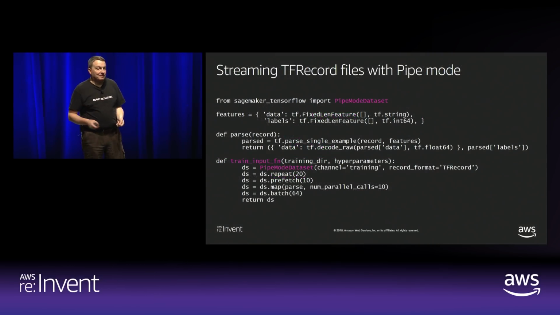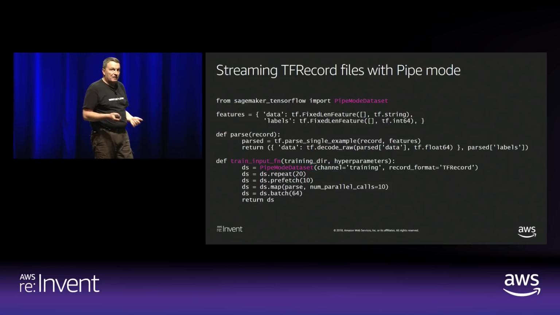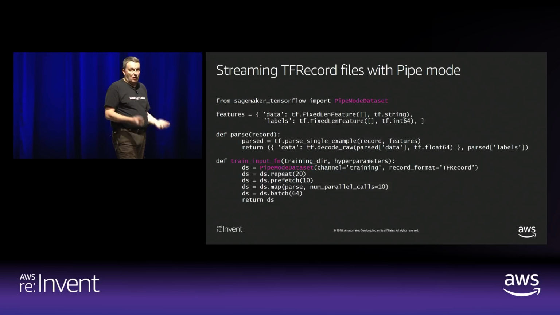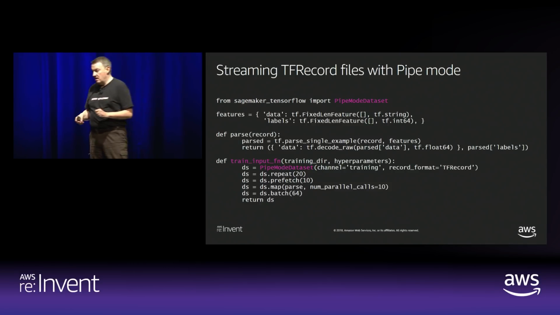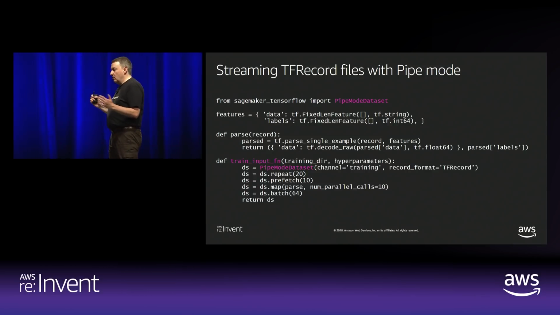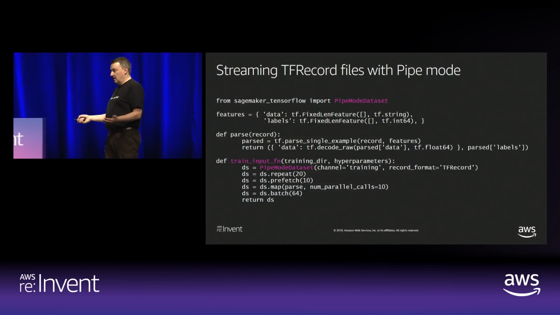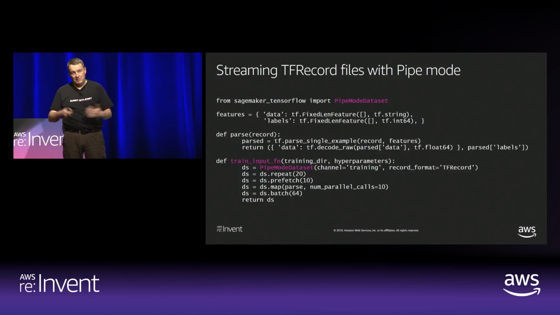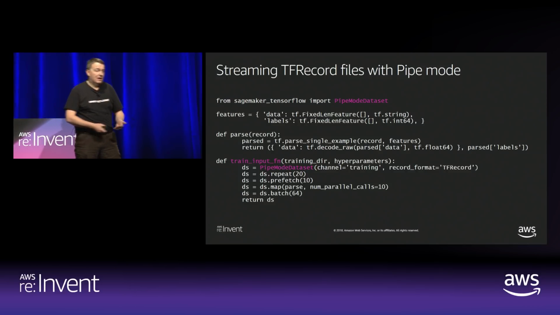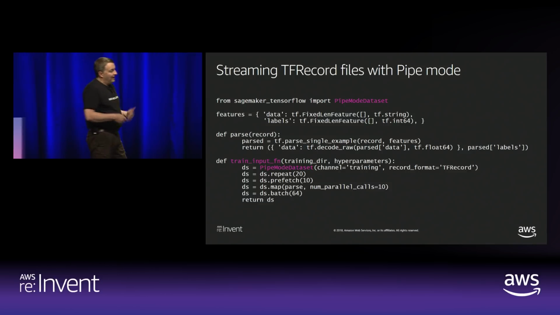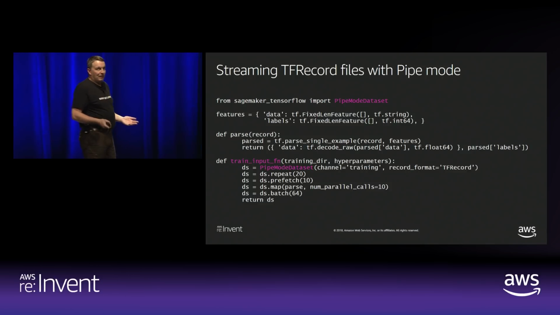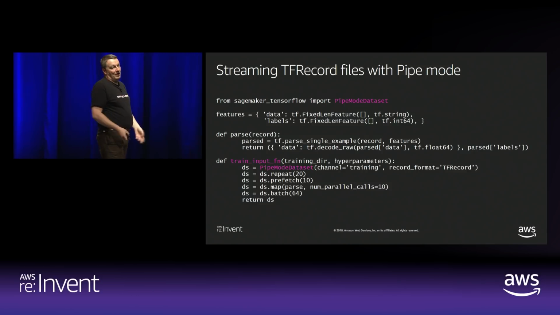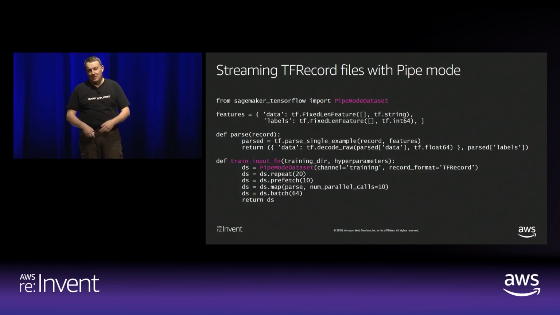If you're working with TF record files, this is what you would do. Let me explain. Imagine you have a data set with 10 million images and you want to train on that. It would be 10 million files. It's not practical to live with 10 million files. It's not practical to load them. It's not practical to copy them. Everybody hates having 10 million files.